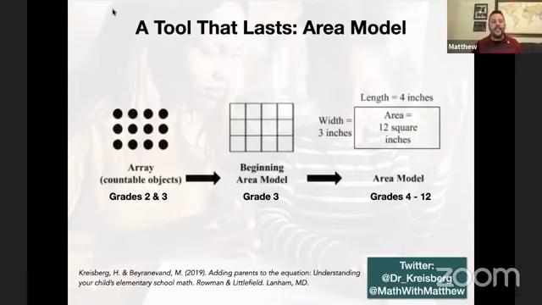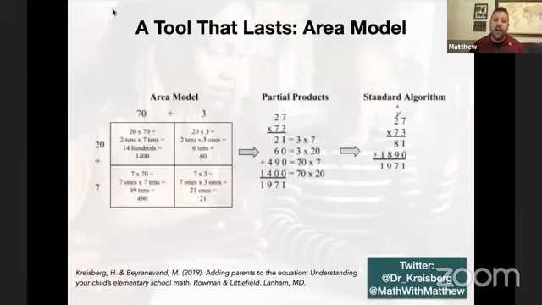I have a few examples here that show you why and how we do this. Arrays are different ways to arrange objects so you can see basically the beginning of multiplication. Then we have the idea of an area model. If something is 3 by 4, then the area inside is 12 inches squared in this particular example. This idea of area model is the same way in which we teach multiplication.